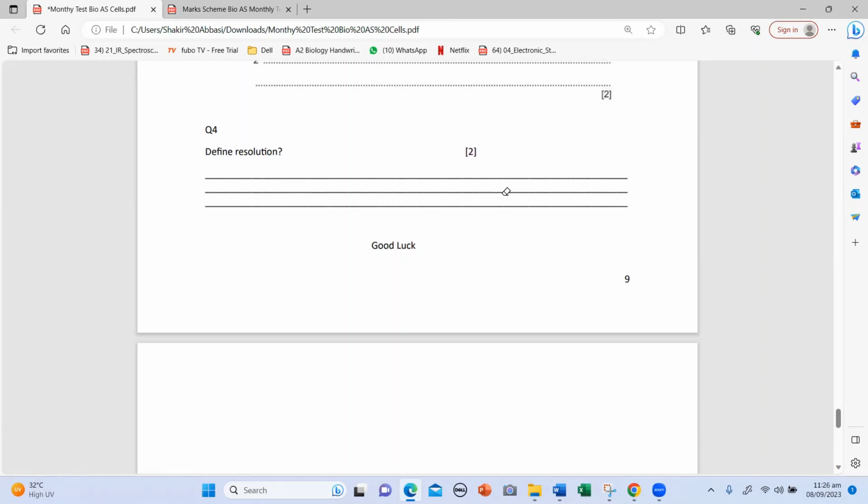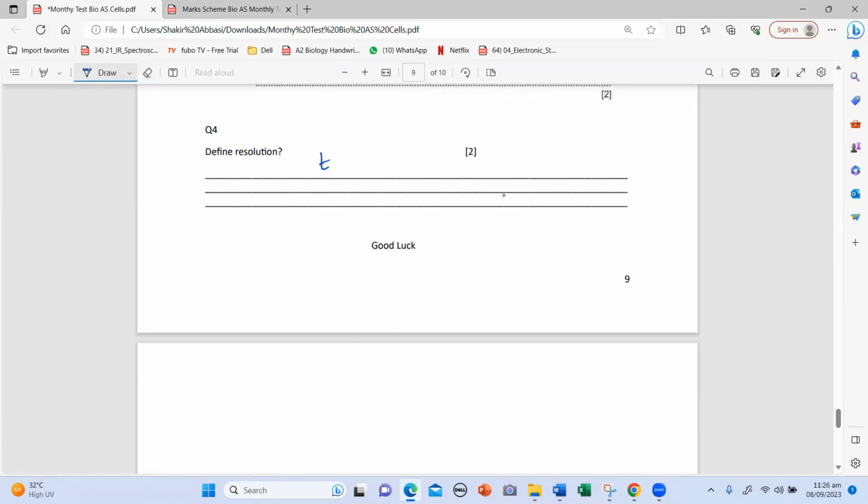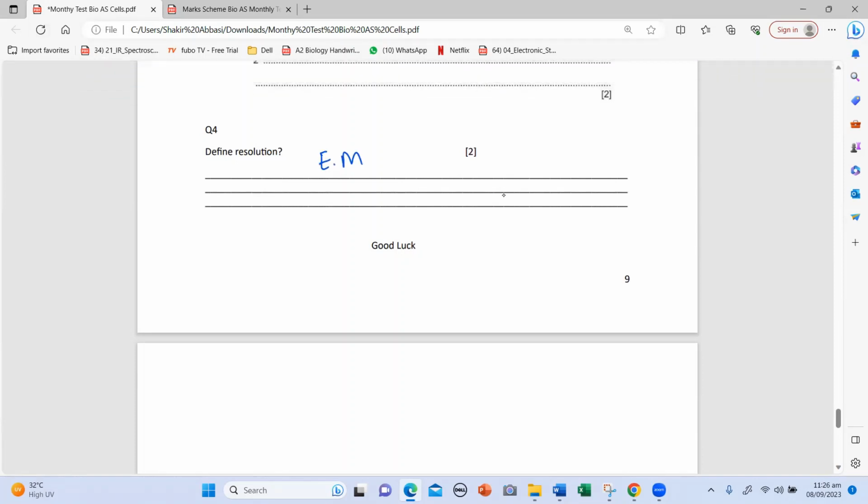Resolution of the electron microscope is much higher than the light microscope. You all know that the electron microscope resolution is 0.5 nanometer, and the light microscope resolution is 200 nanometer.